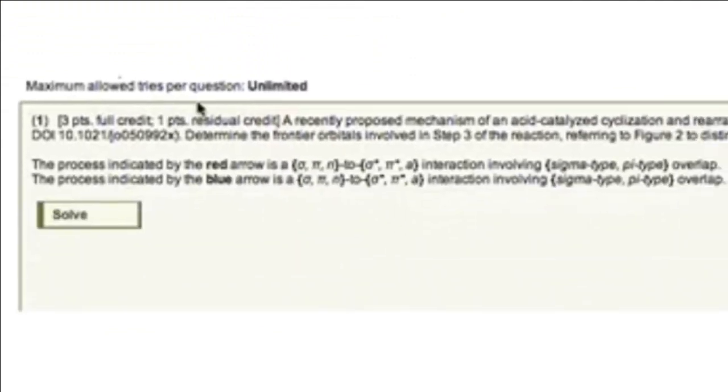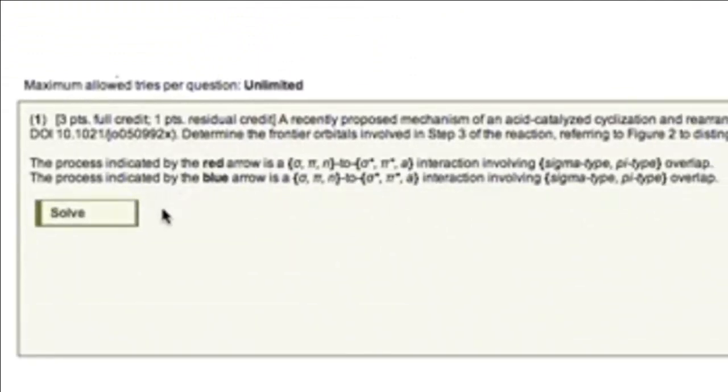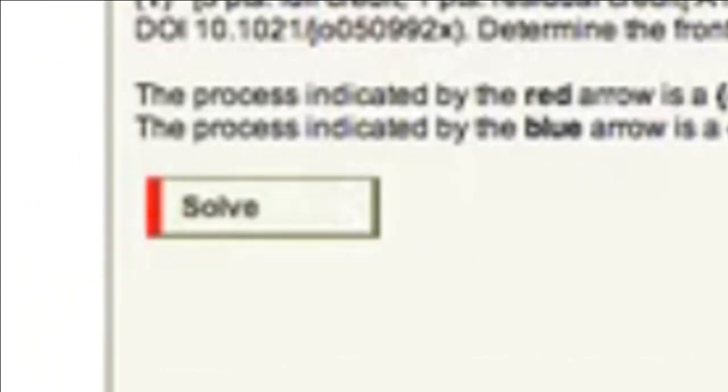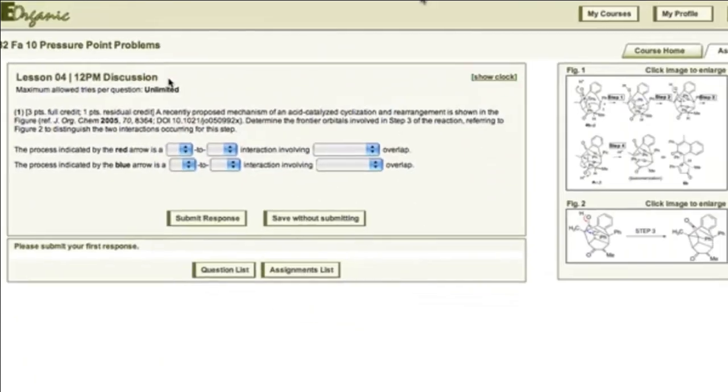So here, the student sees one question and is ready to solve the problem. Now we can see the entire landscape of the problem here, and it seems like the student is reading the question. If I stop the computer for a second, it's asking us to determine the frontier orbitals involved in step 3 of the reaction.